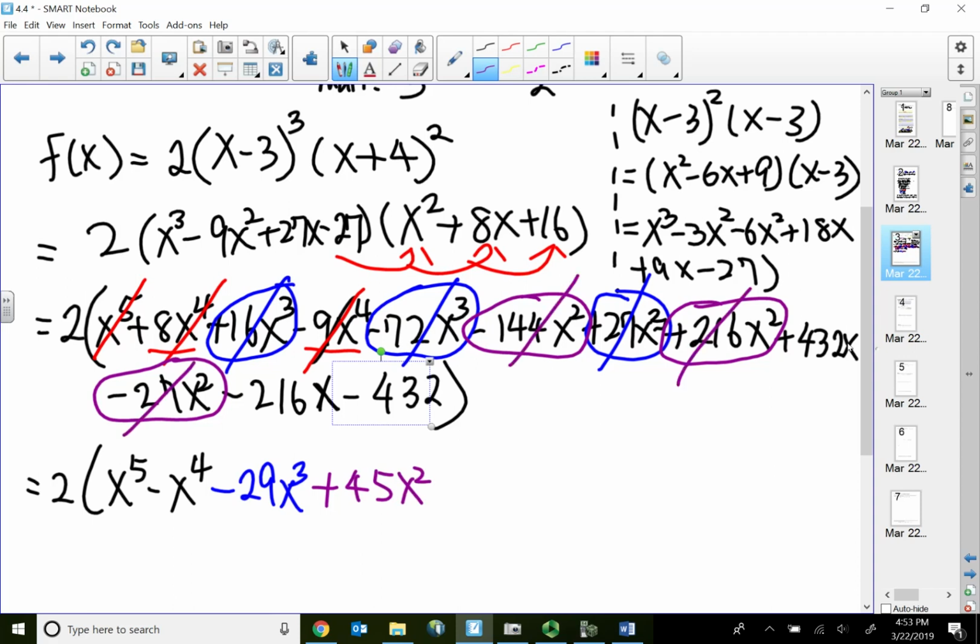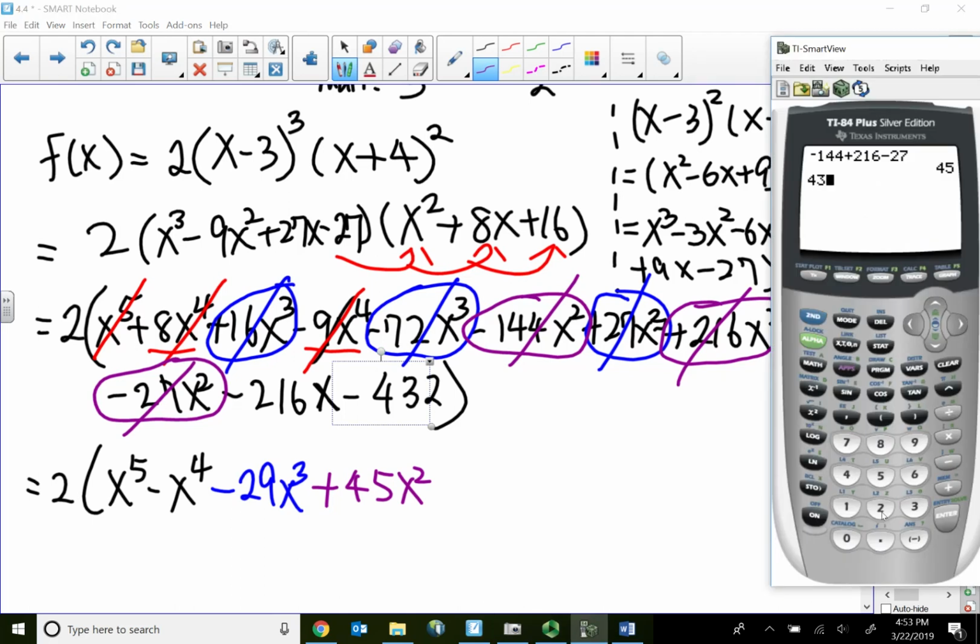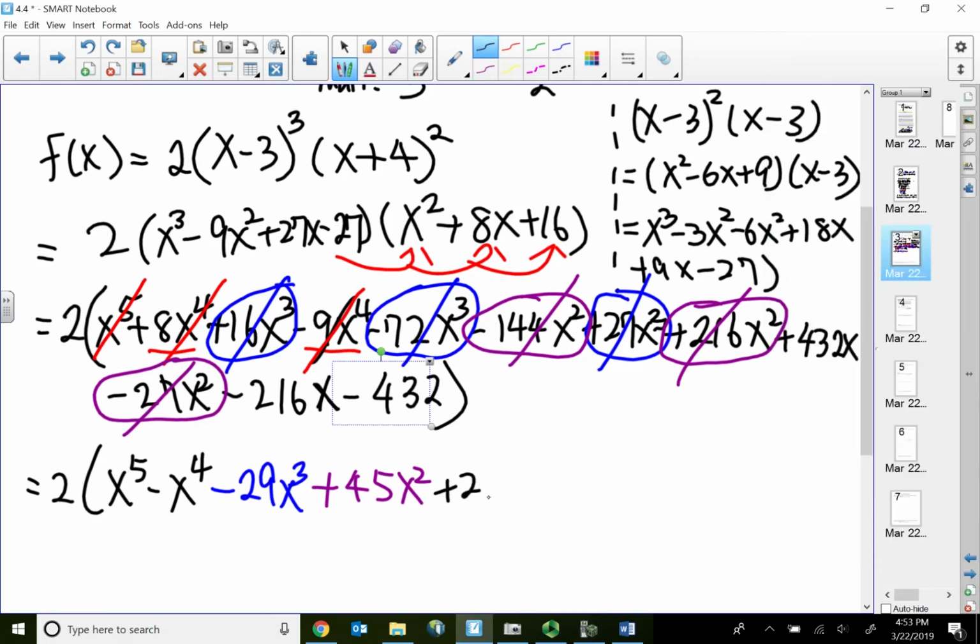So now I just have 432 minus 216, which is 216. And the negative 432 has nobody to combine with. Negative 432.